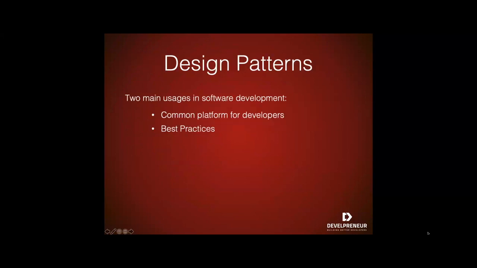Overall, for design patterns, there essentially are two main usages in software development: common platforms for developers and best practices. Design patterns provide a standard terminology and are specific to a particular scenario. One example I found is the MVC design pattern, the model view controller design pattern specifically, which specifies that applications consist of a data model, presentation information, and control information.